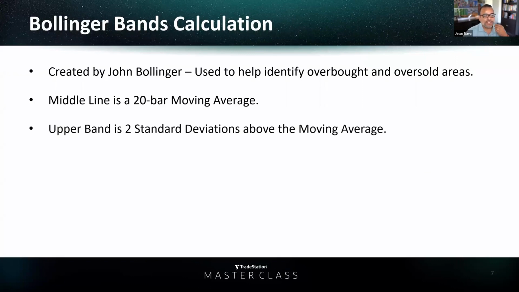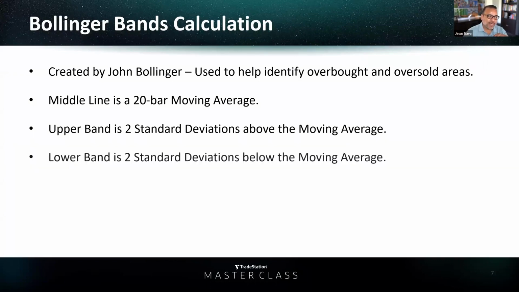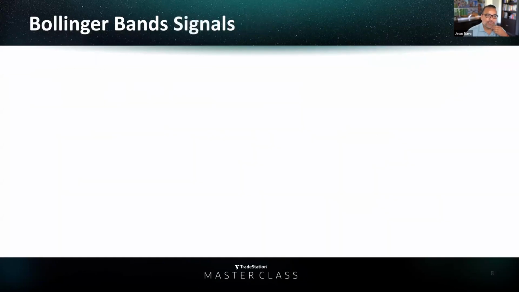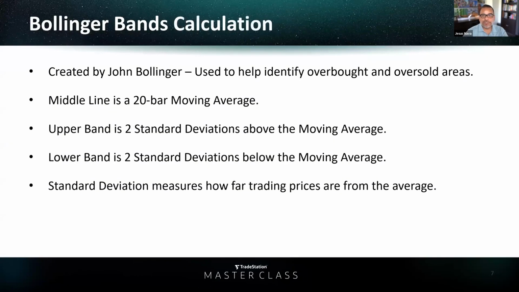It uses standard deviations, and it's going to add 2 standard deviations to the top and subtract 2 standard deviations to create that bottom band. Standard deviation measures how far trading prices are from the average and pretty much allows you to identify those extremes.